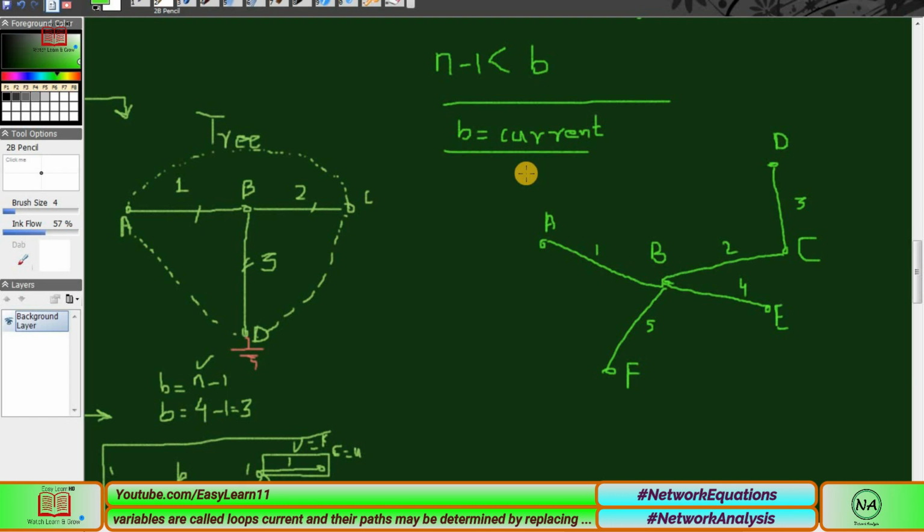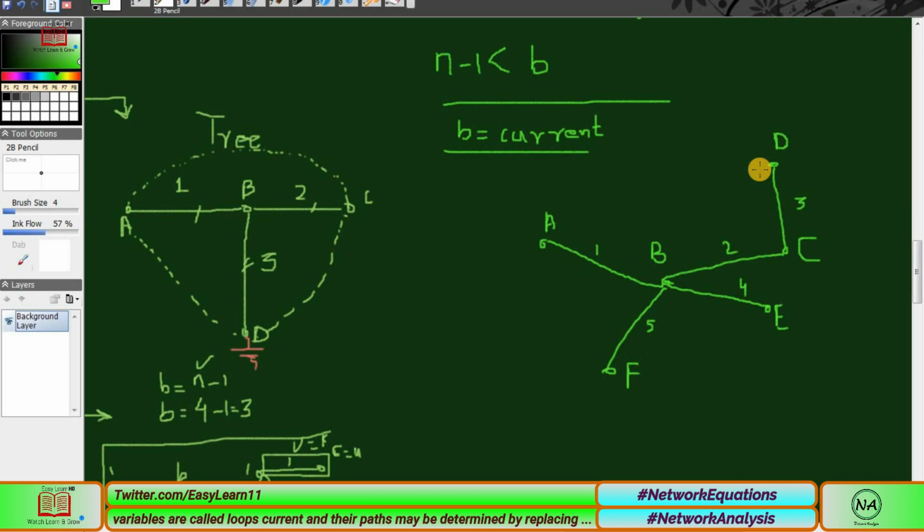Here you can see the tree that I just drew. We connect a current source in place of the chord of the graph. There are chords but they are hidden, so I just need to connect a chord. Here you can see there is a chord, but in a tree the chord is hidden.